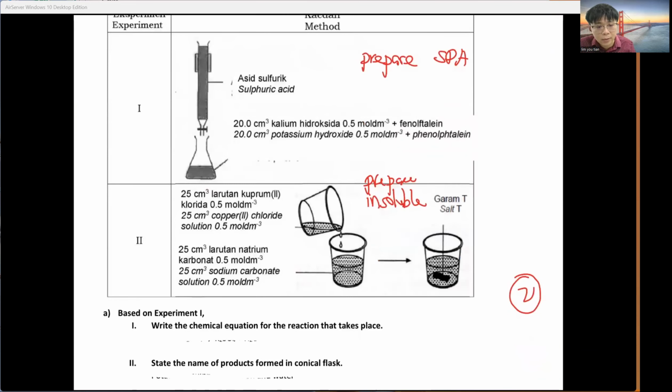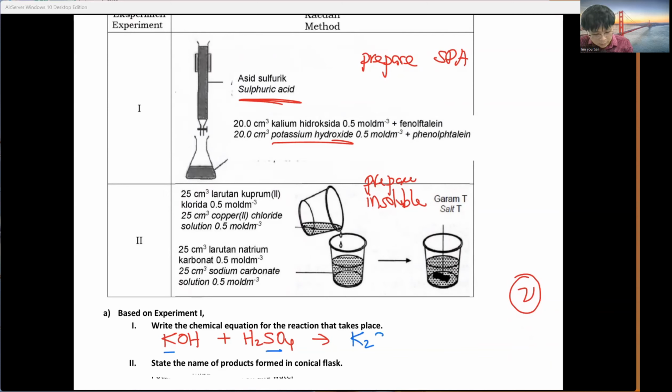So for experiment 1, can you write the chemical equation? Try to write out the chemical equation. The chemicals inside are sulfuric acid plus potassium hydroxide. So what happened? The K and SO4 go together. If you're not good at memorizing the charts, it's okay. You roughly know what is happening first.